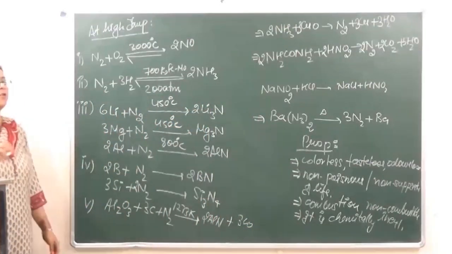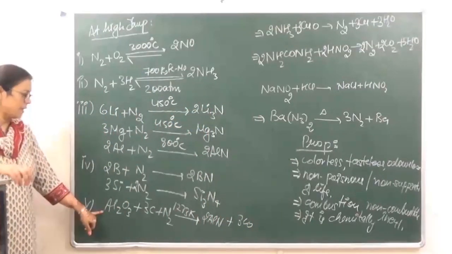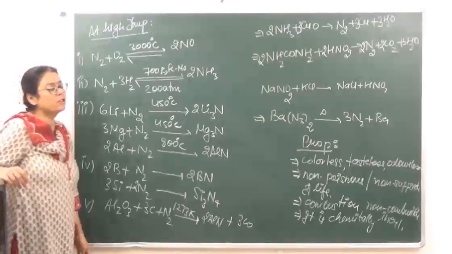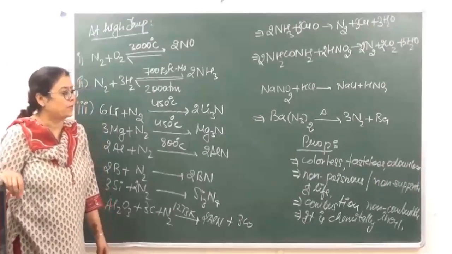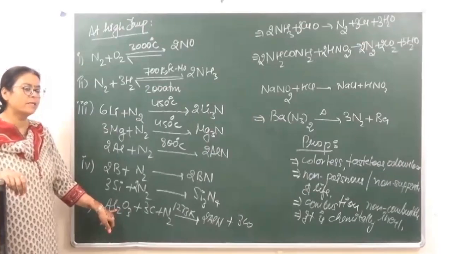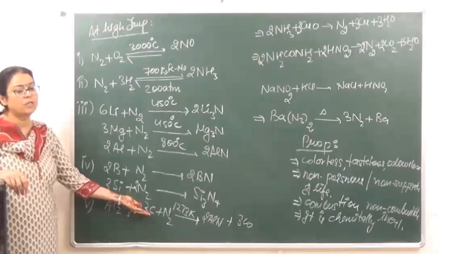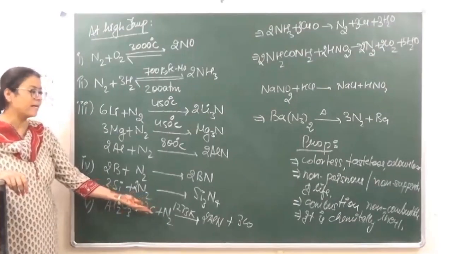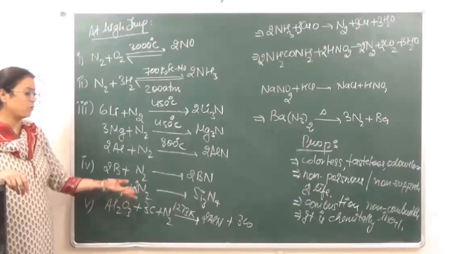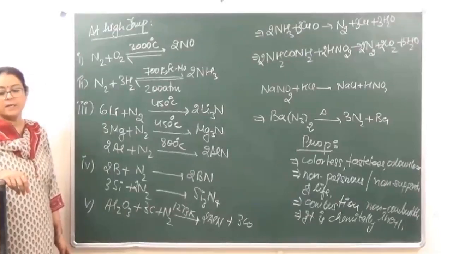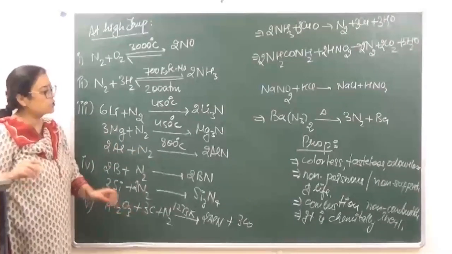This method which we are using over here, the last method, is a method which is used to purify alumina. So इसमें से इसकी जो volatile impurities है, they can be removed by using charcoal and nitrogen. मतलब in presence of carbon we are reacting it with nitrogen, then we are going to get pure alumina. ठीक है? So these are the reactions of nitrogen.